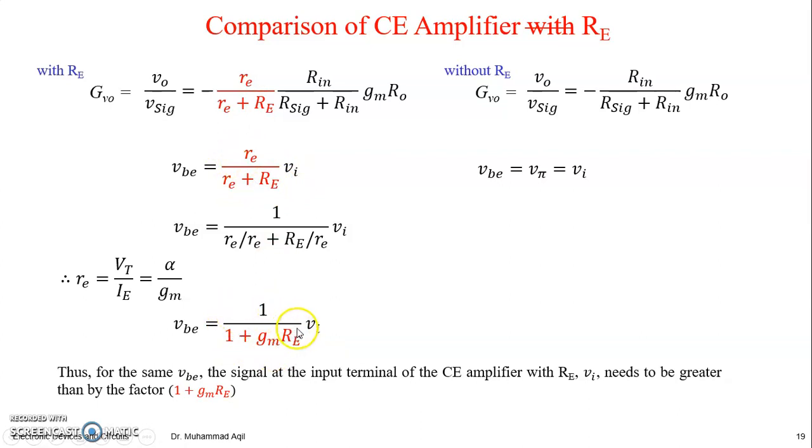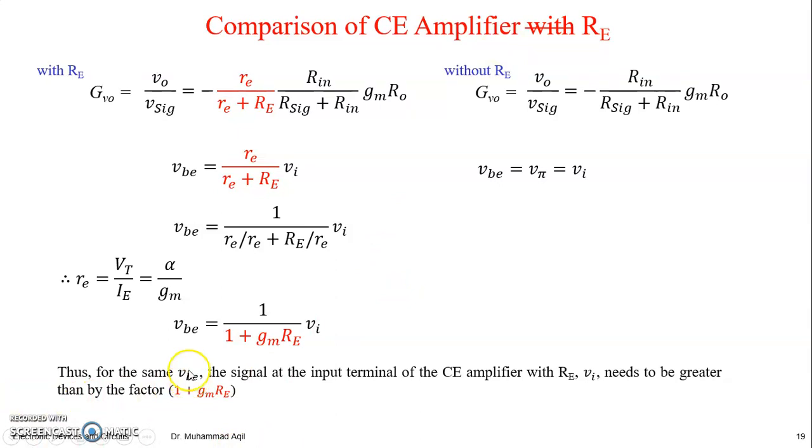It means if you want the same VBE here and here, you have to make Vi for the common emitter amplifier with RE this much higher, so that you can apply the same VBE to the with-RE amplifier and the without-RE common emitter amplifier. I hope you got my point.